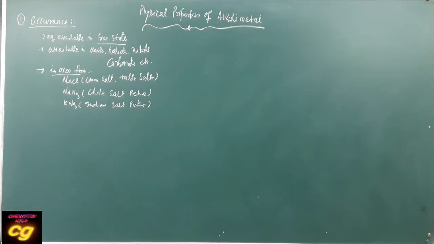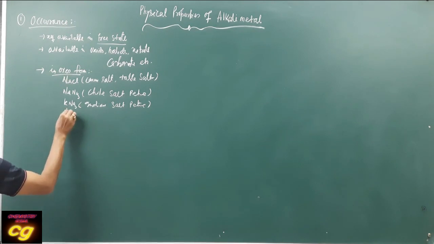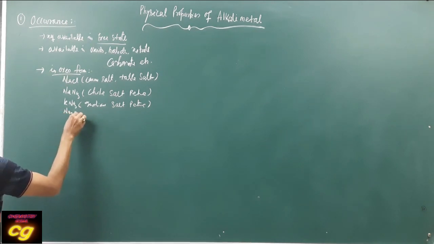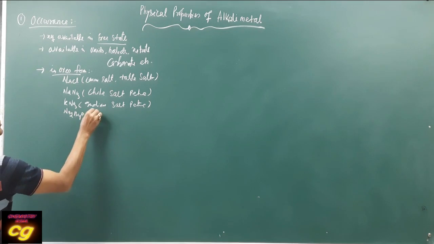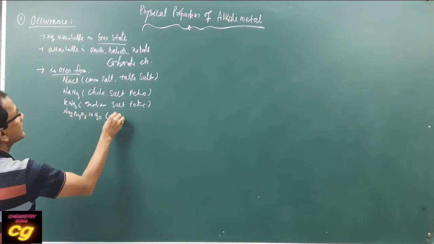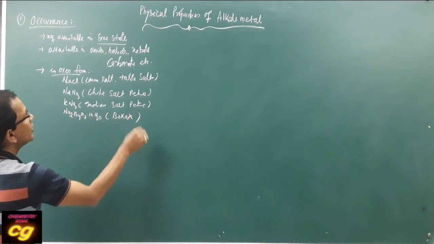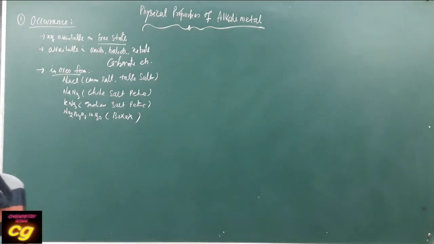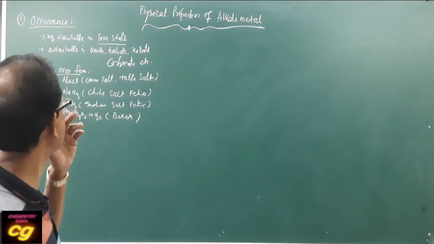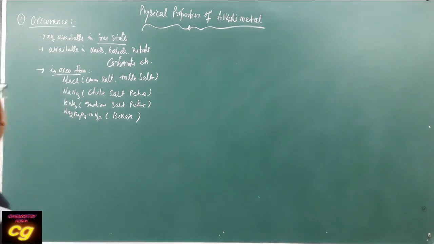And borax, Na2B4O7, this is called borax. So these are some ores in which alkali metals are available. These are some occurrences of alkali metals.